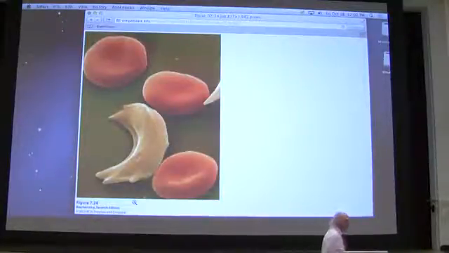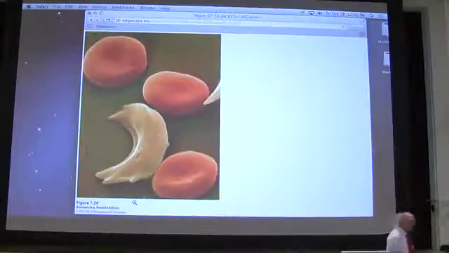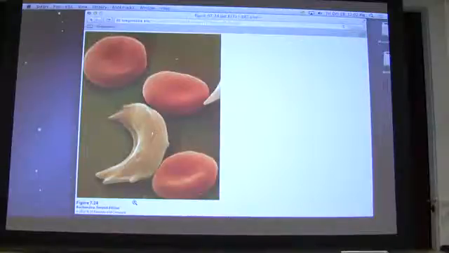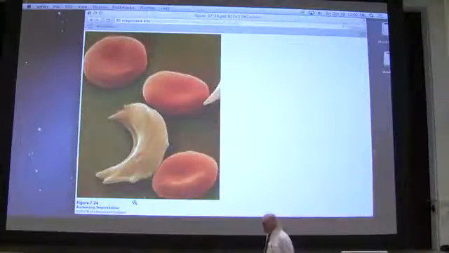This is exactly the wrong place for this blood cell to assume this form, because this sickle shape isn't nice and rounded and smooth. It gets stuck in capillaries.